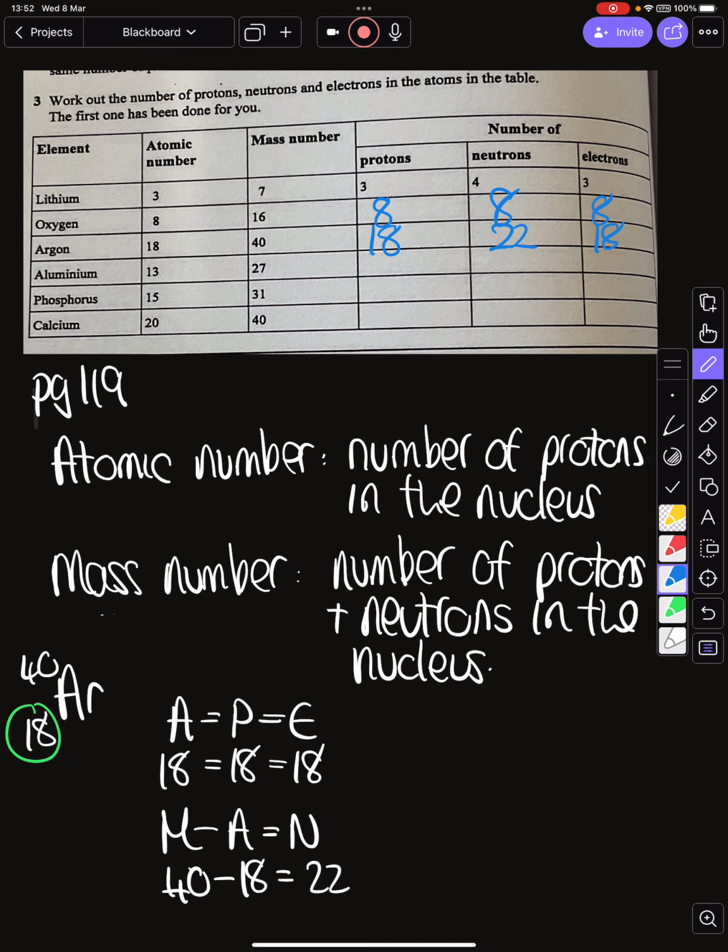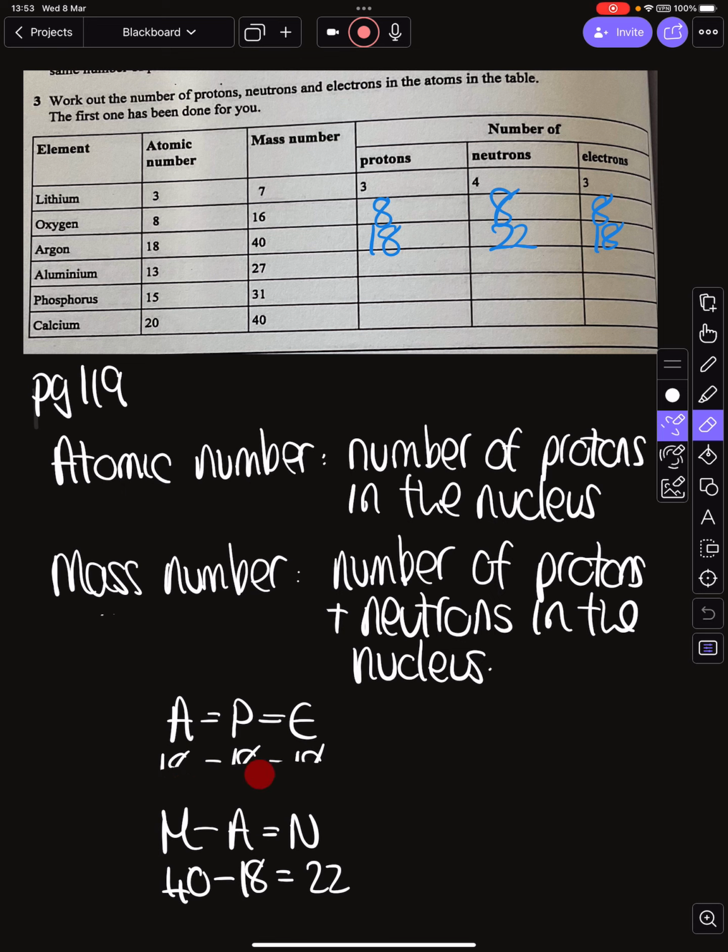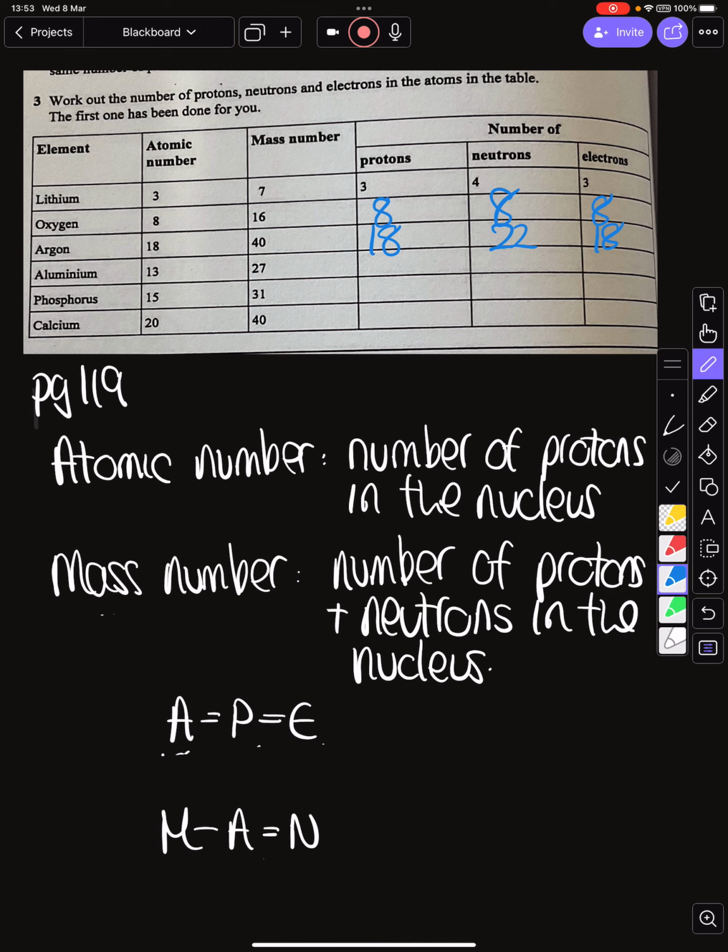Okay, if you haven't done so already, you need to finish aluminium and phosphorus. I'm going to do calcium now because I'm going to use calcium to help us with the next part of this learning in a little while. On a periodic table, calcium looks like this. So I now know my atomic number is 20.